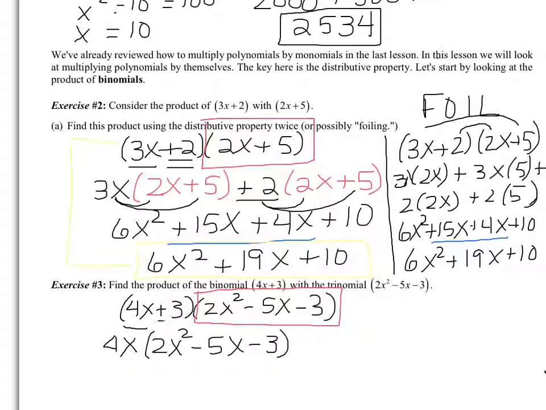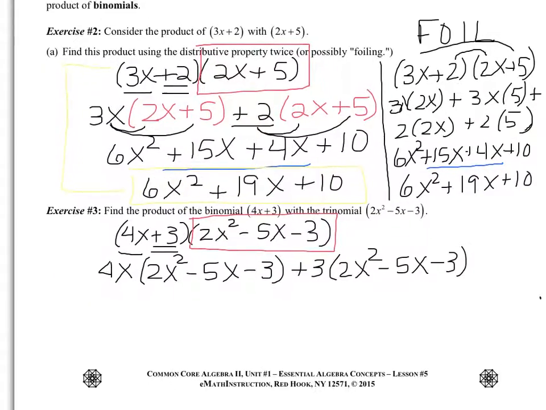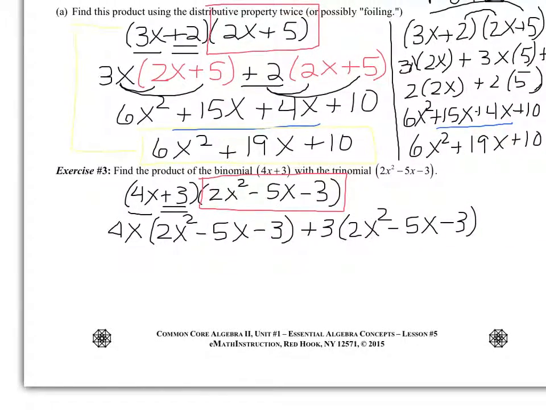Then I'm going to take my plus 3 and multiply that by the entire trinomial that's in my red box there, 2x squared minus 5x minus 3. Now this is called double distributive property because at this point I am now going to do the distributive property on each of those. So I'm going to take my 4x and multiply it by each of these 3 terms.